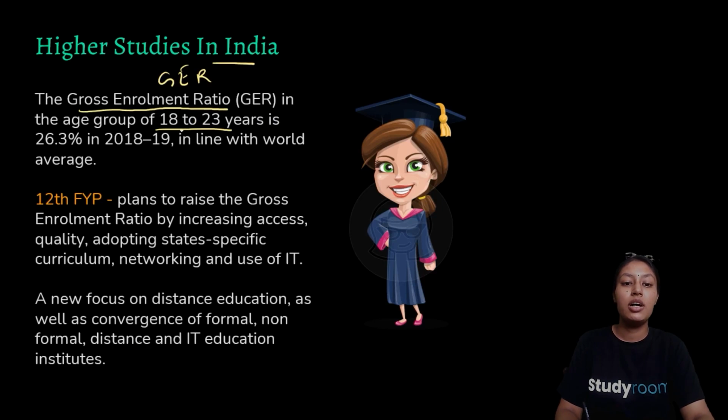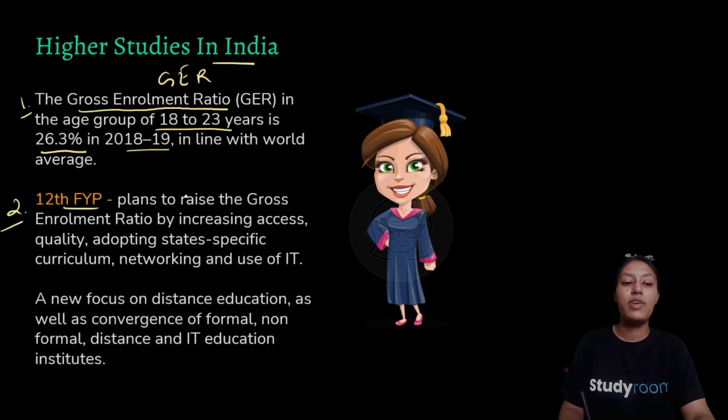It means students who are still engaged in higher studies in the age group of 18 to 23. The GER in our country is 26.3% in 2018-19, which is in line with the world average rate.